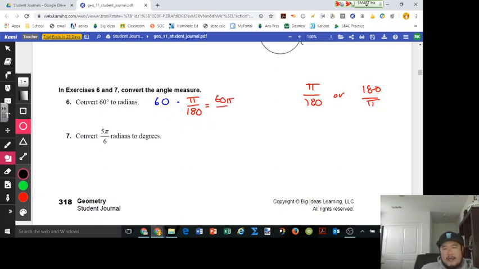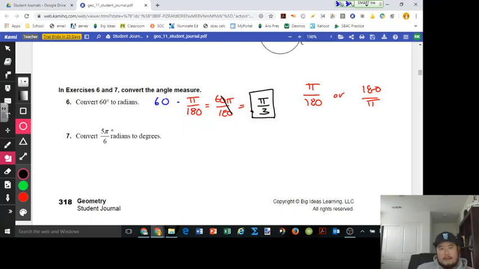So we got 60 pi over 180. And when we simplify this right here, this becomes pi over 3. Right, the zeros cancel. 6 over 18. We could divide top and bottom by 6 and end up with 1/3. So pi over 3 is the same thing as 60 degrees in radians.